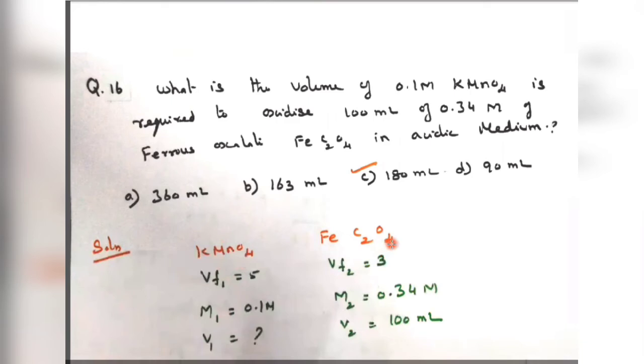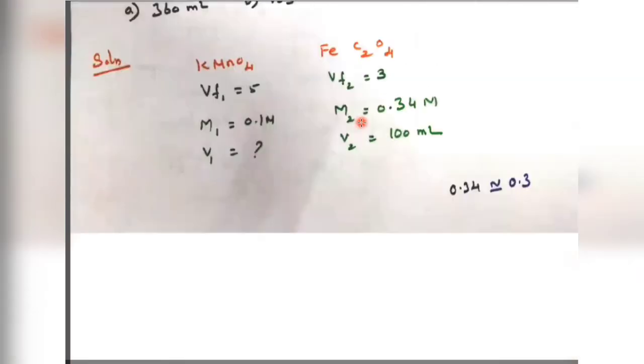So for iron oxalate, the valency factor is 3. For potassium permanganate, the valency factor is 5. In this question, the volume of potassium permanganate is not given. The molarity is given: M1 is 0.1 M and V1 is the question. And the valency factor of iron oxalate is 3, M2 is 0.34 and V2 is 100 ml.